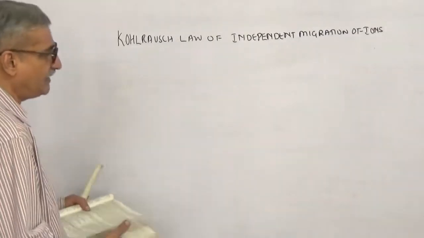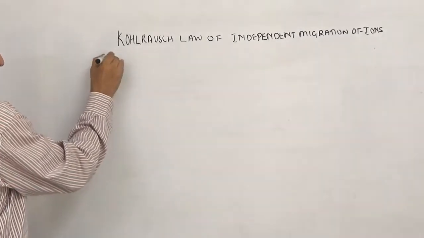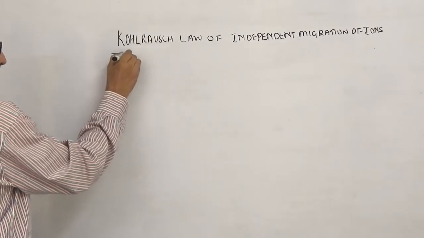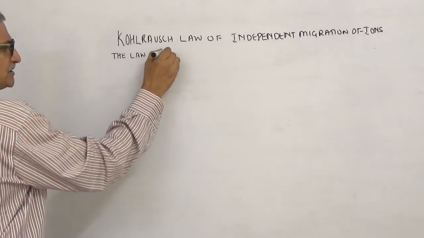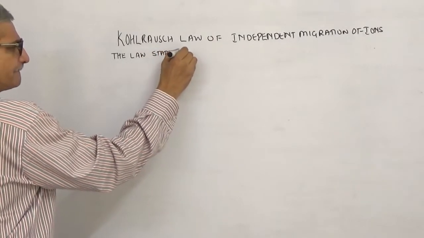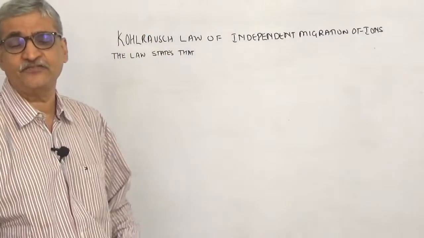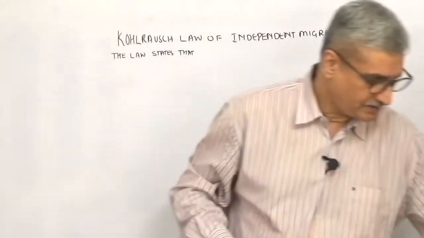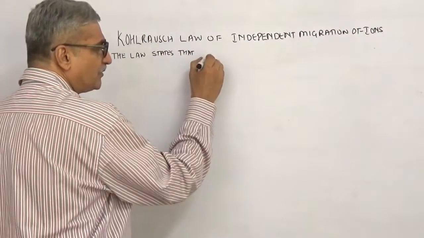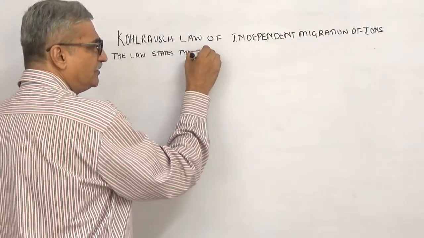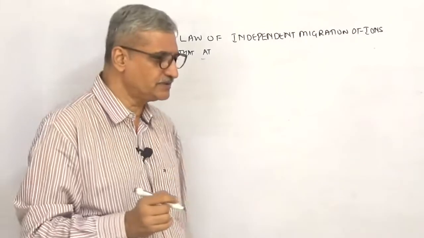Even in the textbook I have underlined it. He says, or the law states, that this word is very important: at infinite dilution. If you miss this word, at infinite dilution, you are straight away given 0 marks in the board. Absolutely, there is no mercy on this.